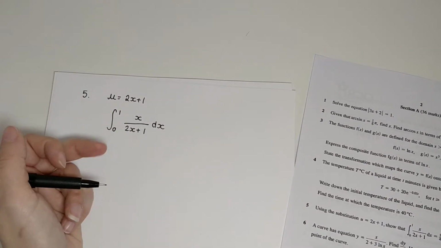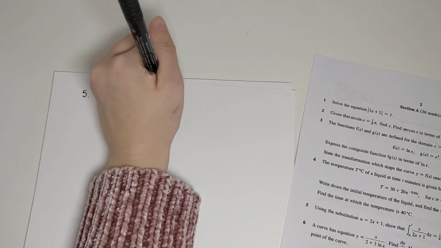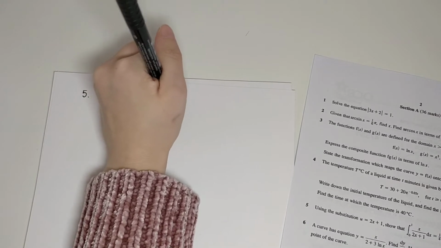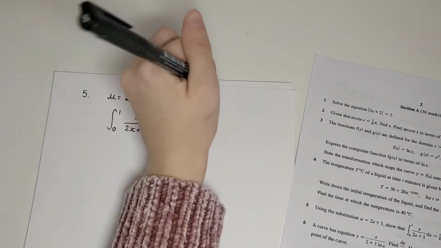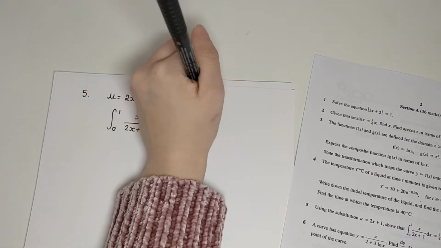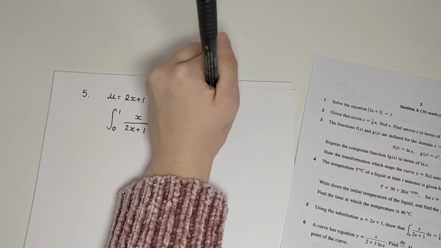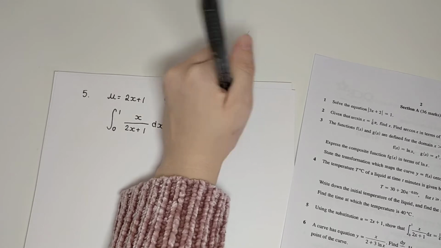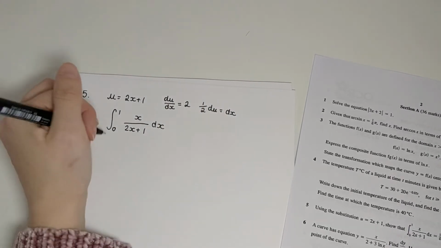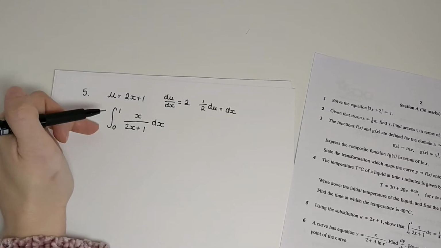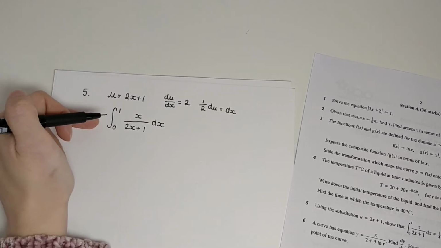So if I'm going to use u equals that, then I need to find du by dx, which is 2, which means that half of du equals dx. Okay. So I should also change the limits. Or see, there's 2 ways you can do it.